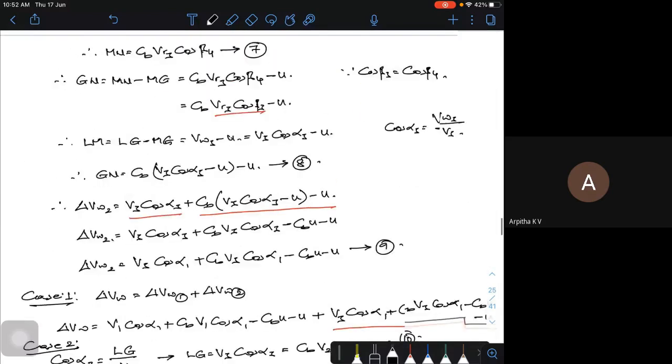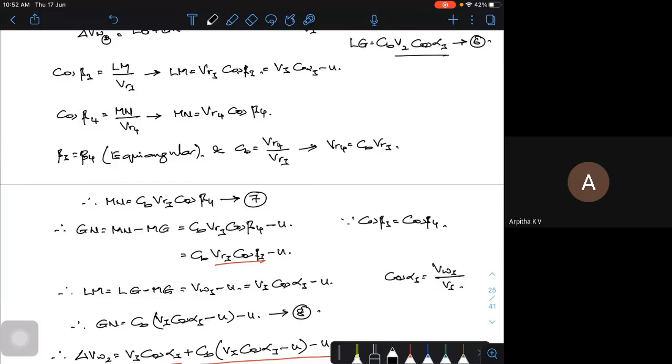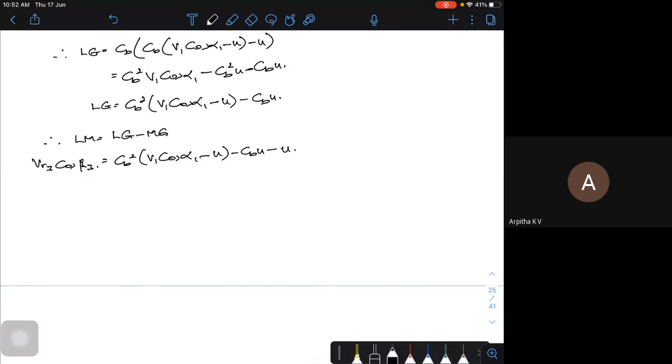So I have this Mn. Mn is equal to Cb into VR3 into cos beta 4. And I can write this Mn as Cb into VR3 into cos beta 3, because beta 3 is equal to beta 4.